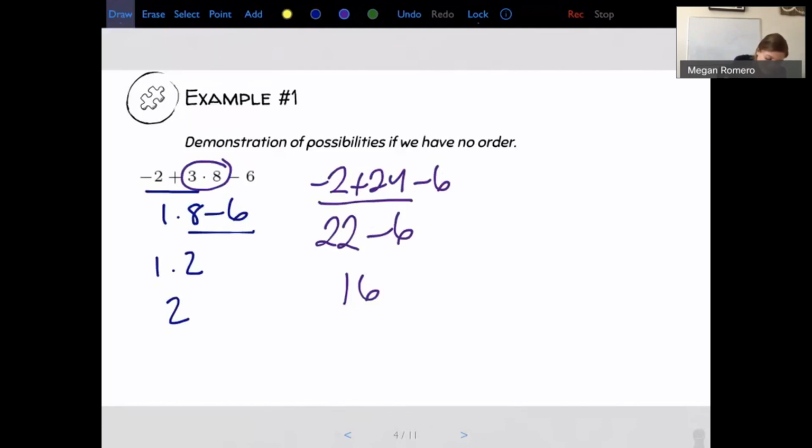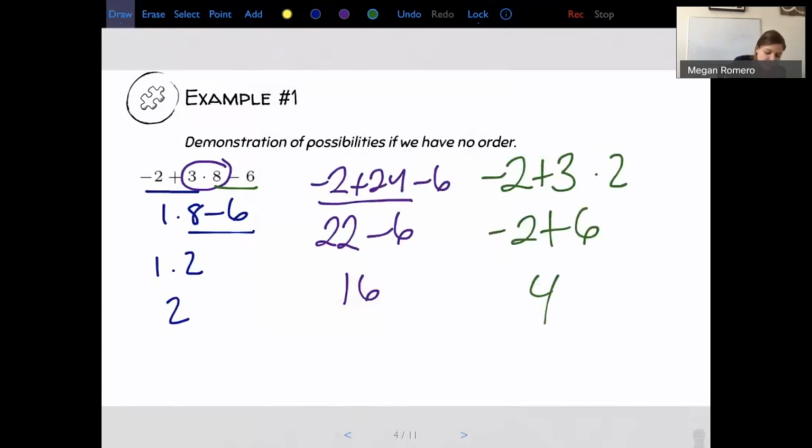Or let's say I started with 8 minus 6, so negative 2, -2 plus 3 times 2, and then I did -2 plus 6 and 4. Okay, so I just did this problem 3 different ways and got 3 different answers. But as you all know, with a type of problem like this, there's only one right answer. So this was just a demonstration as to why order matters.